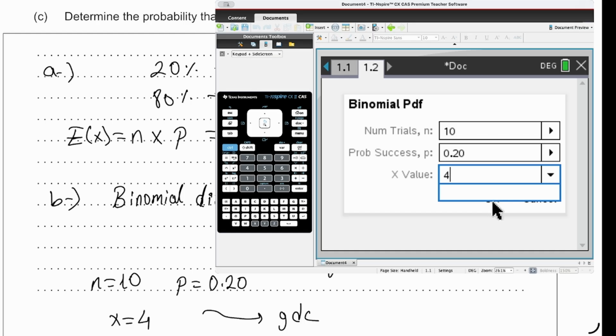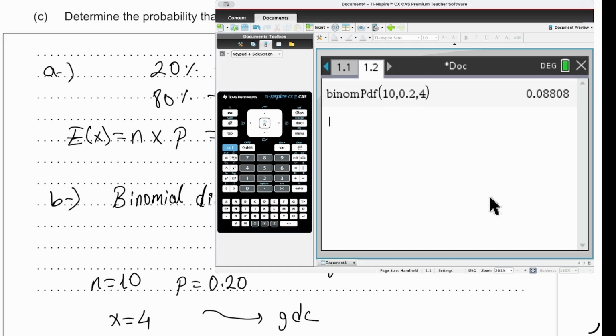Okay, then okay. So the answer is 0.08808. Sometimes you can write the full answer, but if you write 3 significant figures, you can just write 0.088.